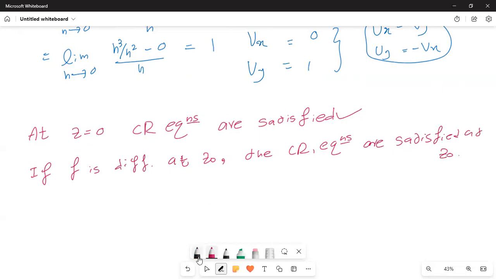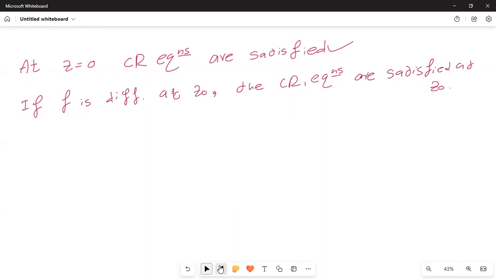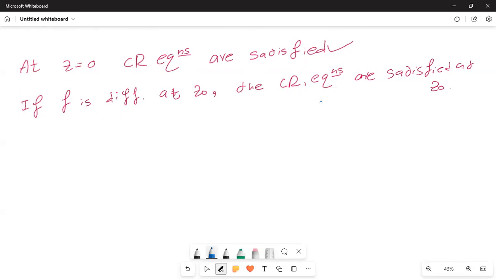But here we arrive at the converse of this statement: if the Cauchy-Riemann equations are satisfied at z equals 0, can we say that the function is differentiable at that point?